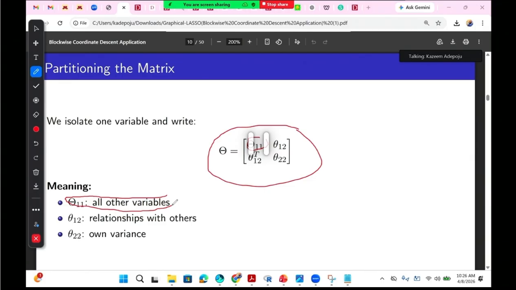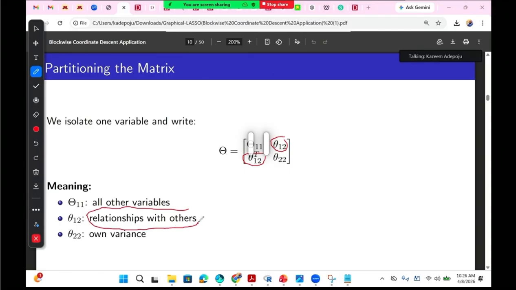So that theta 1 1 represents all other variables that I'm not updating now. Then this guy is just the transpose, right? So that guy is the relationship of the variable you are updating with the others.